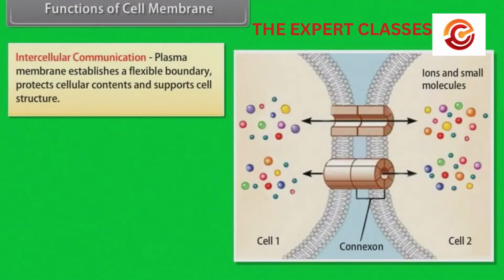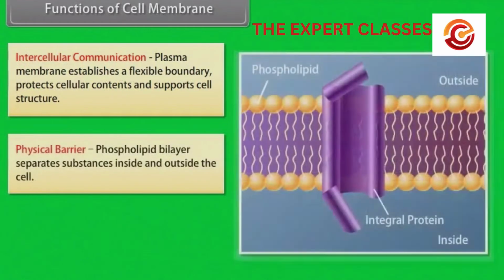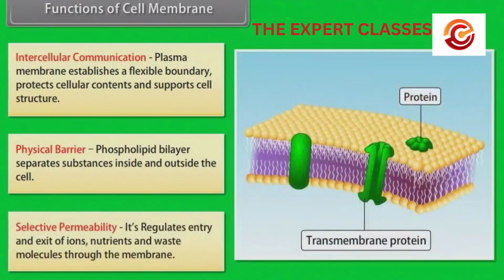Plasma membrane establishes a flexible boundary, protects cellular contents and supports cell structure. Physical barrier. Phospholipid bilayer separates substances inside and outside the cell. Selective permeability. It regulates entry and exit of ions, nutrients, and waste molecules through the membrane.